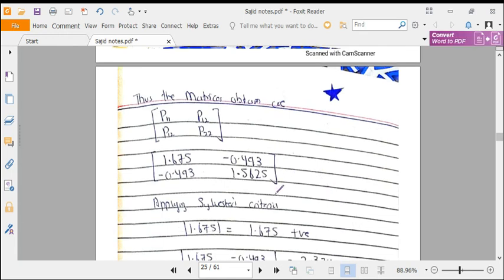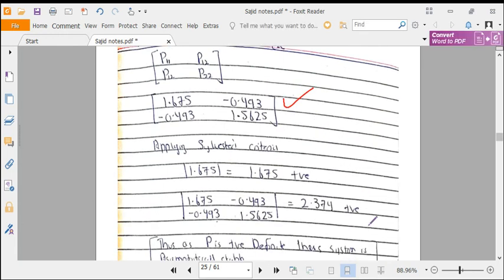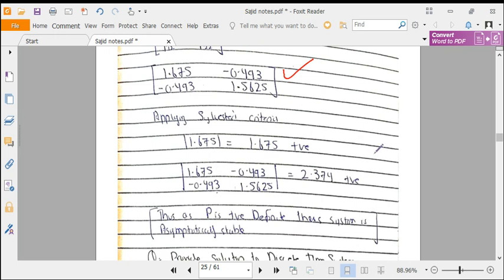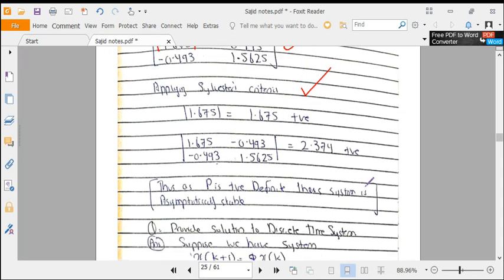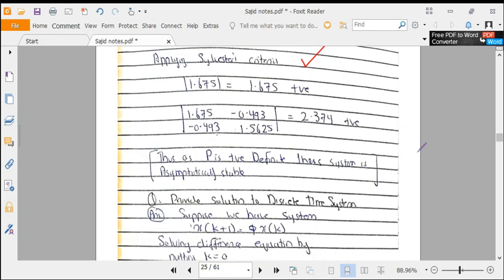So we put these values here, and now we apply the Sylvester criteria to see if this is a positive definite matrix. We would discuss Sylvester criteria in some other video in detail, but the thing is that if the matrix is positive definite, then this determinant should be positive, and the next determinant should again be positive.